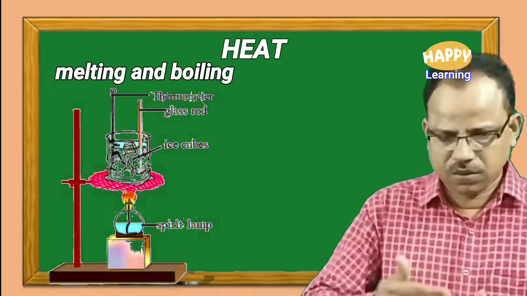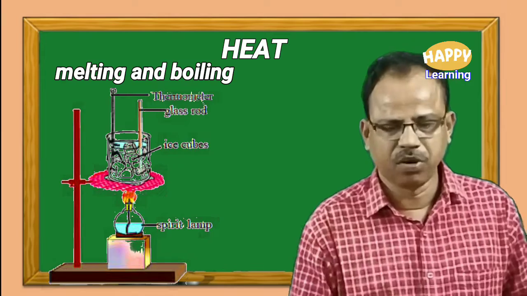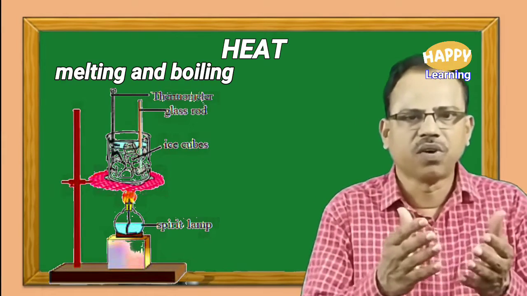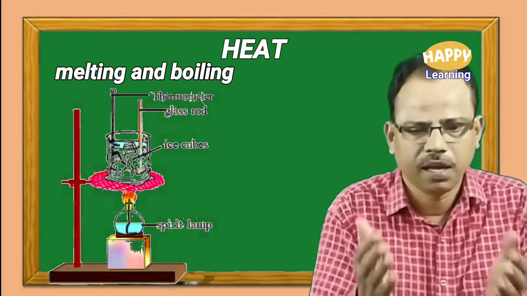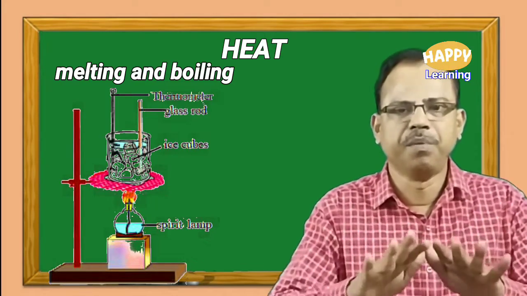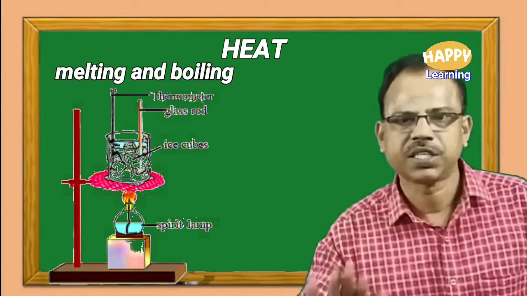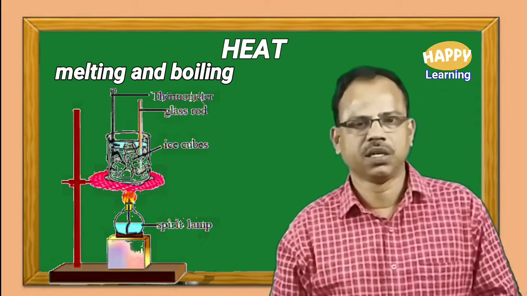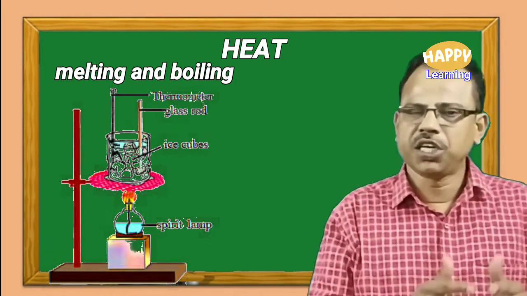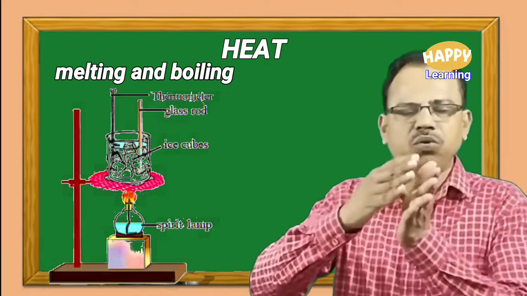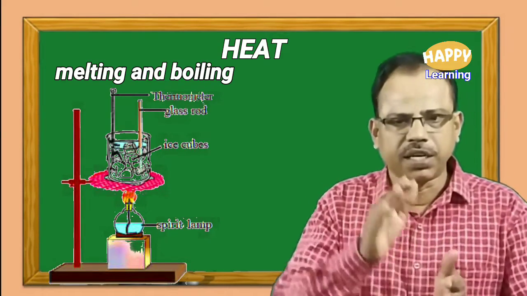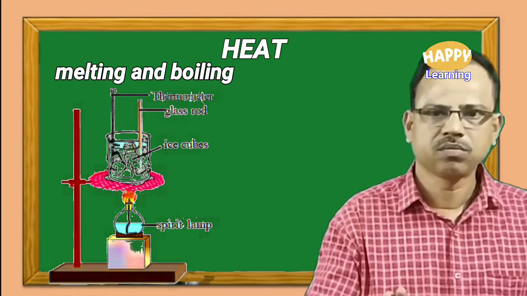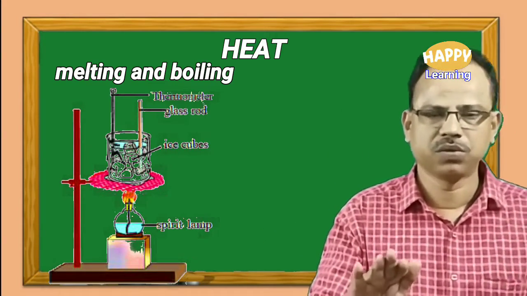Suppose after 5 minutes, for example, the ice has completely melted and become water, and still the temperature is 0 degrees Celsius. That means initially the temperature rose from minus 10 to 0 degrees Celsius. After reaching 0 degrees Celsius, the temperature is constant and heat supply is continued.